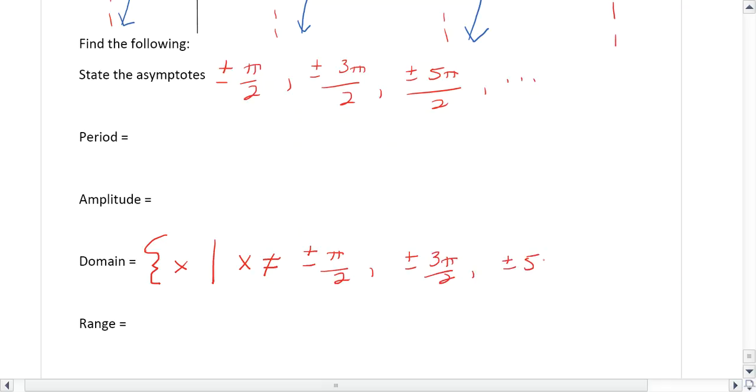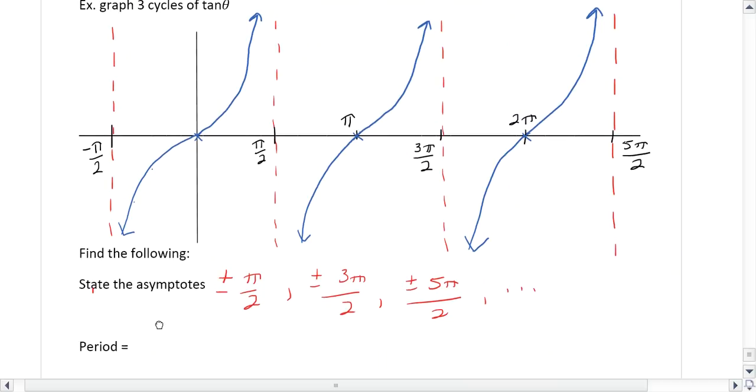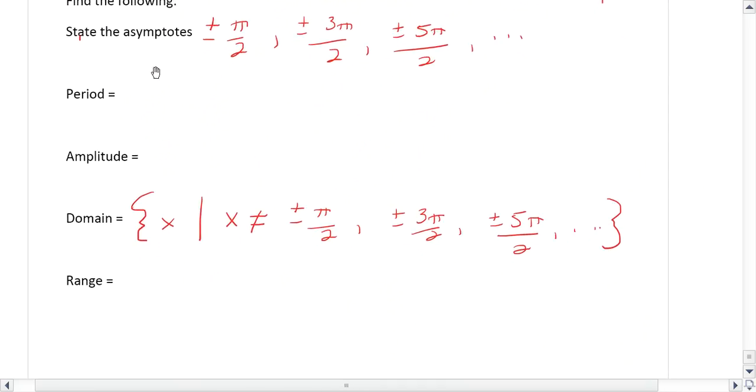If we want to do the range at the same time, looking up here, it goes up forever and goes down forever. So there is no limit on the range. The range is all real numbers.